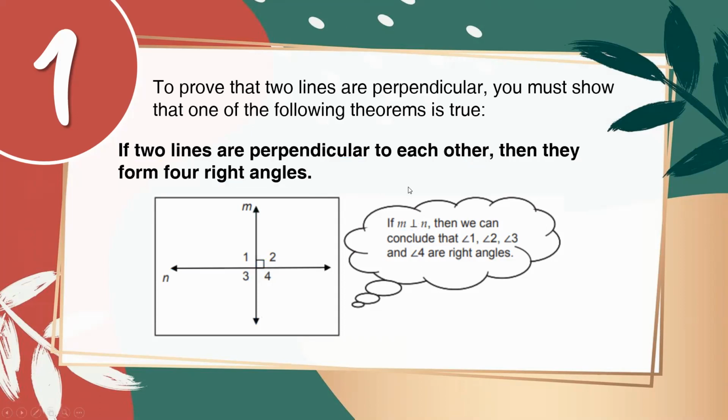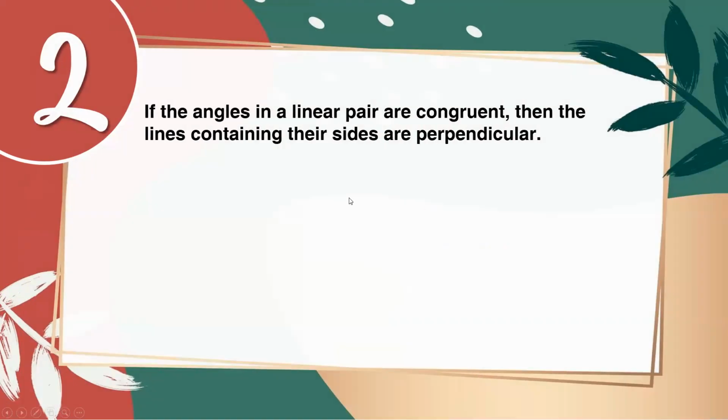Another theorem, that's theorem number 2. If the angles in a linear pair are congruent, then the lines containing their sides are perpendicular. When we say linear pair, these are angles that are supplementary, meaning when we add them together, the angles have a sum of 180 degrees.